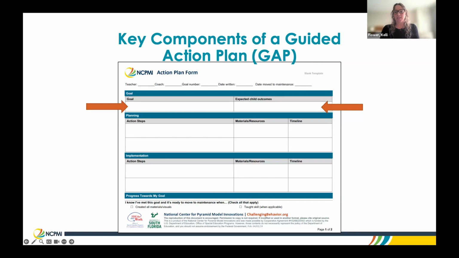Like, I just need them to sit at the carpet and be quiet during whole group. Okay, well, that might be what we want them to do, but what do we need to do to help our children do that? So that is why that is there.